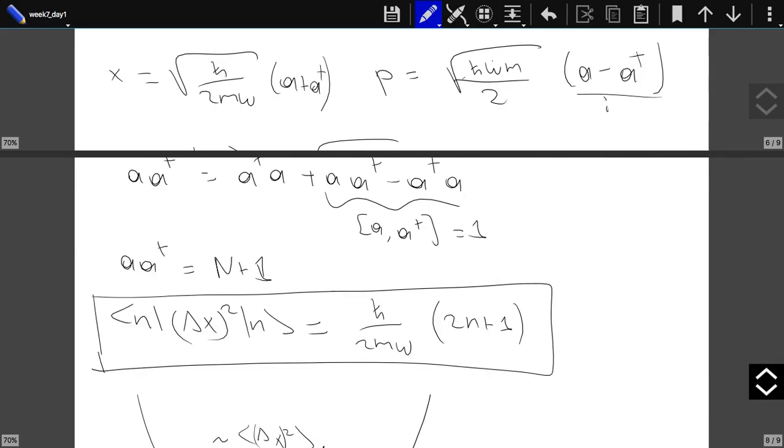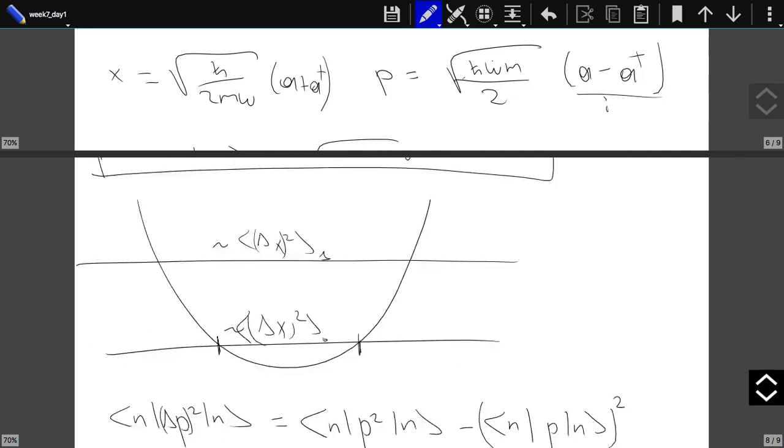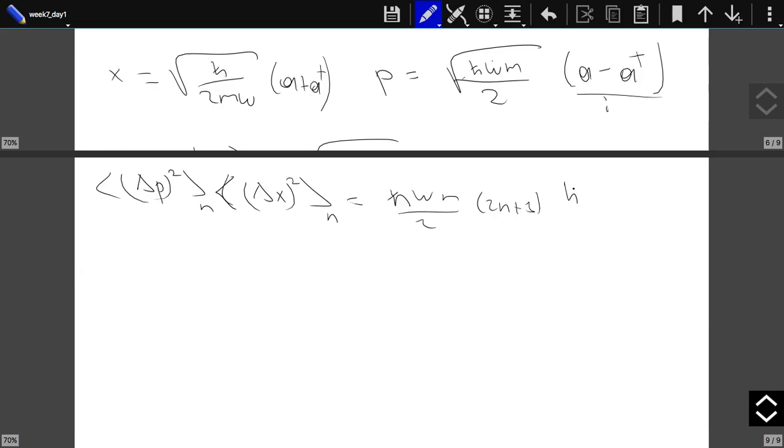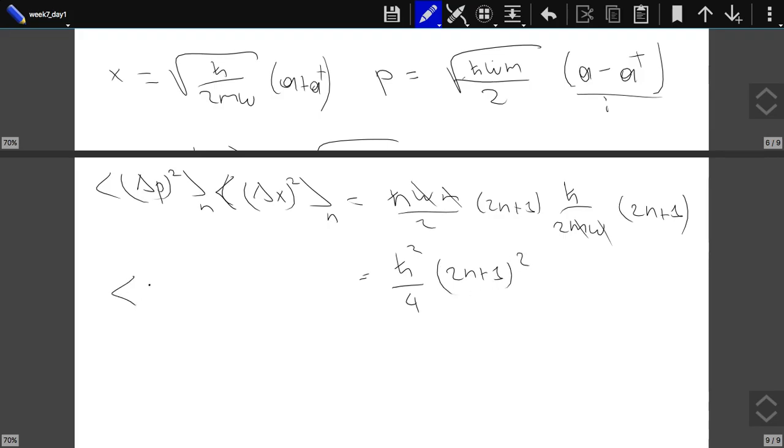Delta x squared, we had already calculated. It is h bar over 2m omega times 2n plus 1. The m and omega cancel. This is equal to h bar squared over 4 times 2n plus 1 squared.